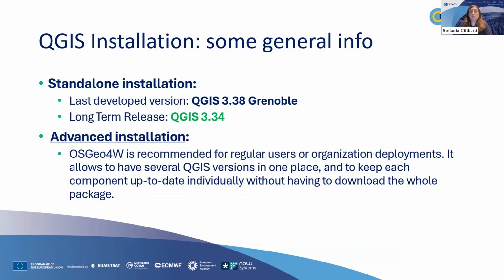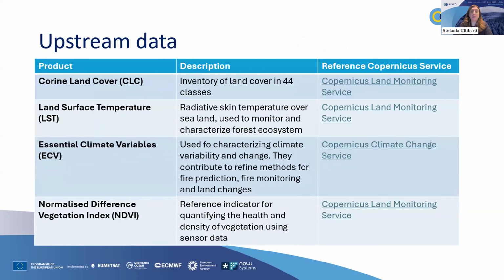QGIS offers two possibilities for installing it in standalone mode. Basically, downloading the executable from the web page of QGIS, where you also have access to the long-term release, and also an advanced installation through OSGeo4W that allows you to simultaneously maintain a different version of QGIS on your laptop. But now let's dive a bit more into our training session.